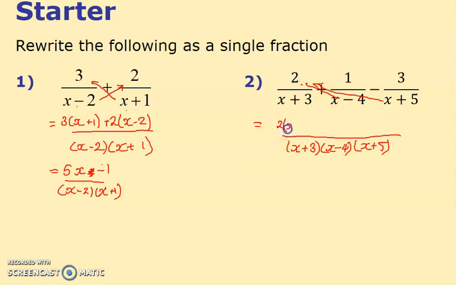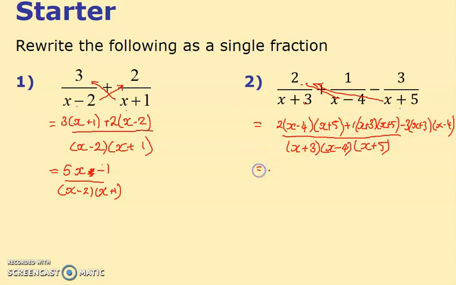So it's 2 lots of x minus 4, x plus 5, plus, well, technically 1 lot of x plus 3, x plus 5 I need to gain, minus the 3, and it's these two this time, so it's x plus 3, x minus 4.